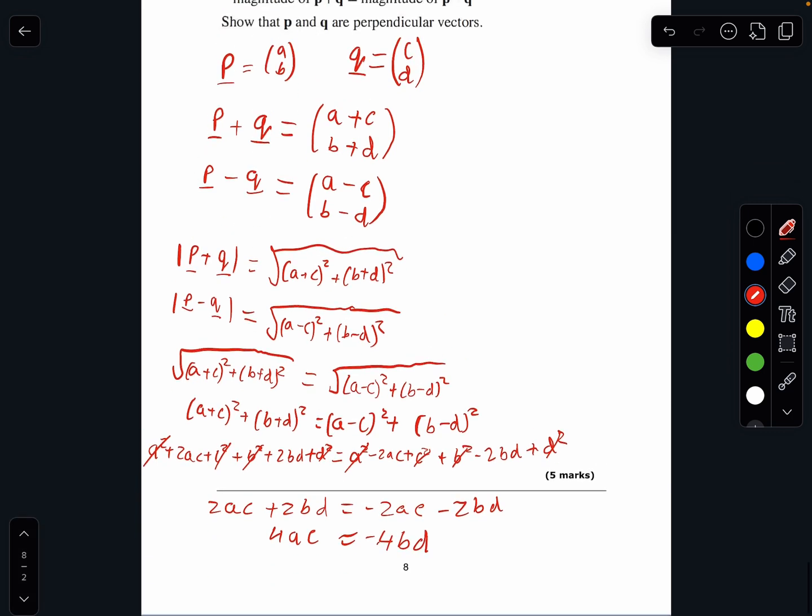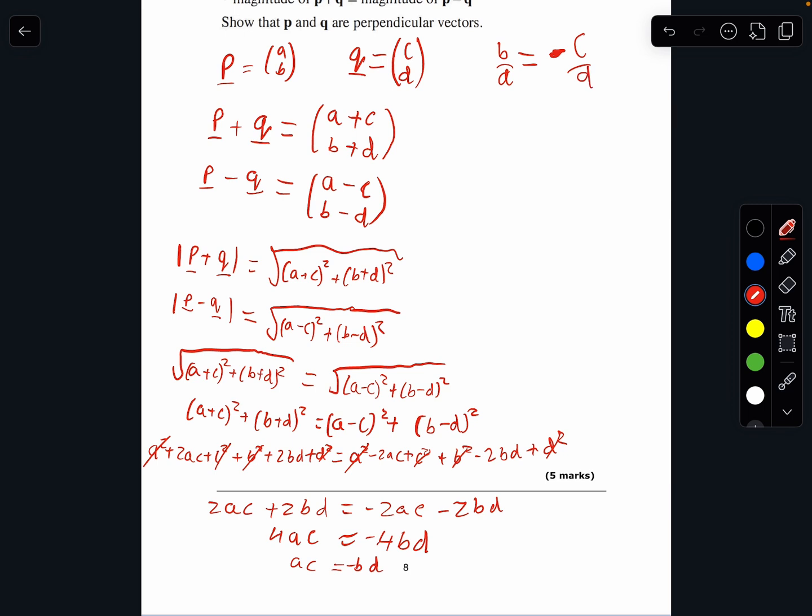I can divide both sides by 4 at this point to get AC is equal to minus BD. And if you remember what I was looking for, I was trying to get B over A is equal to minus C over D or something like that.